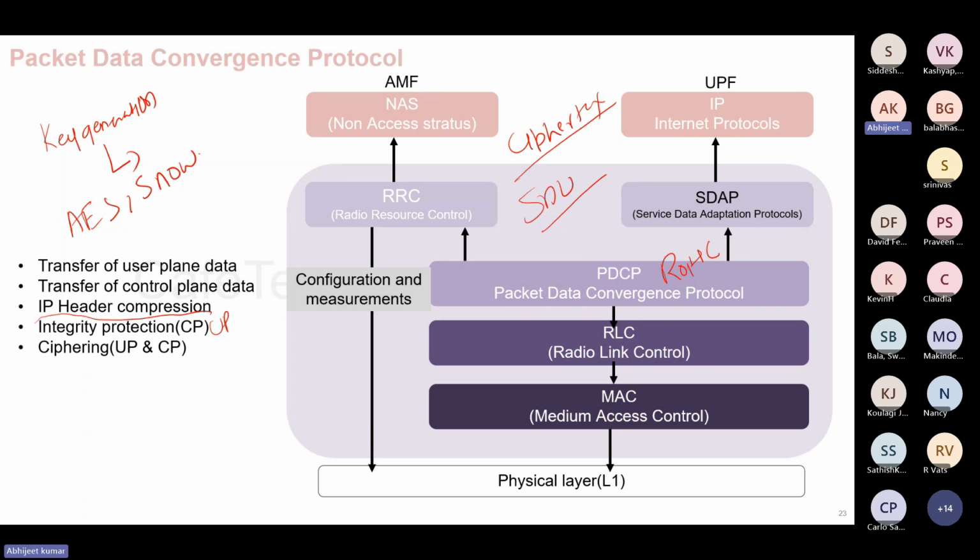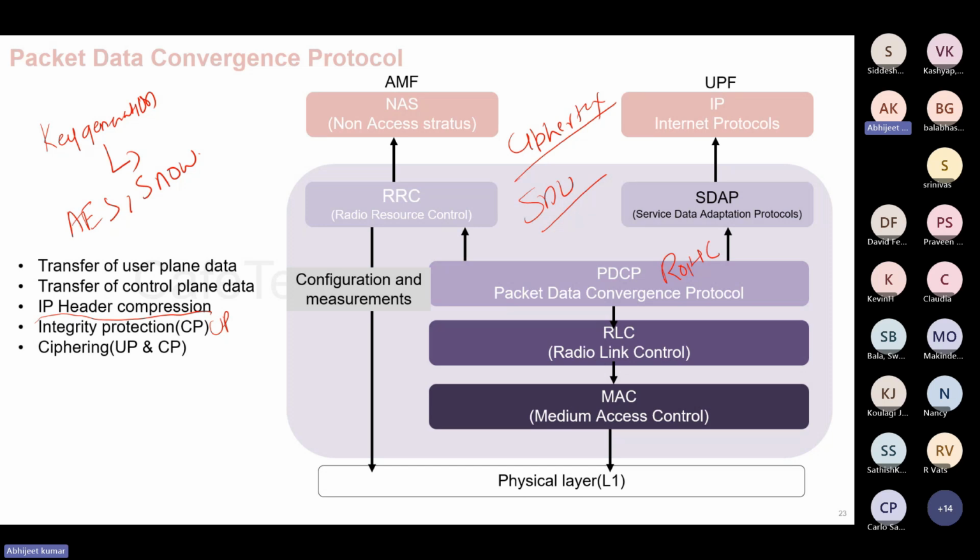Now here you can see integrity protection. So what does integrity protection mean? It's kind of like a bank OTP. The PDCP protocol ensures integrity protection for the control plane and user plane by adding one integrity check value to each message. And this we call MAC-I. Maybe you have heard about this terminology.